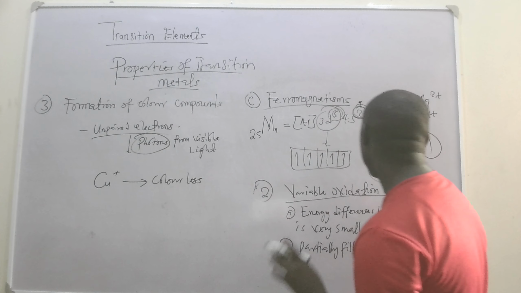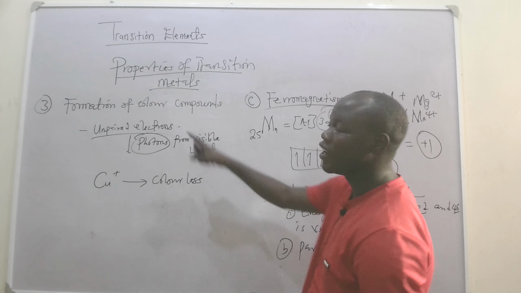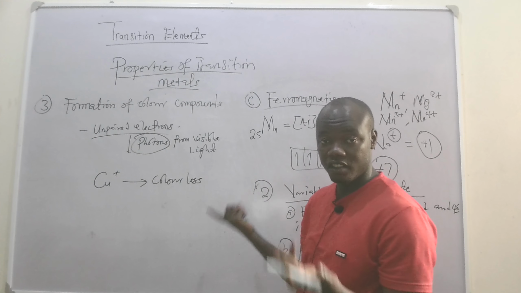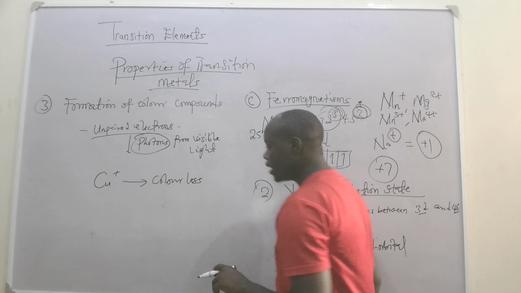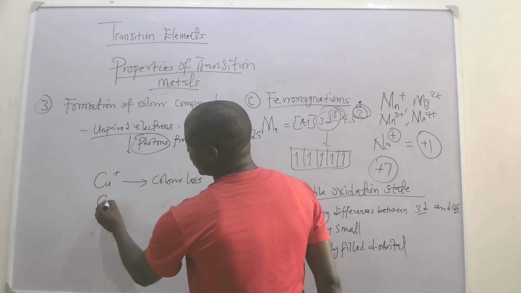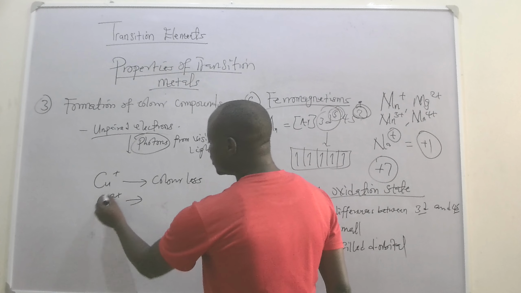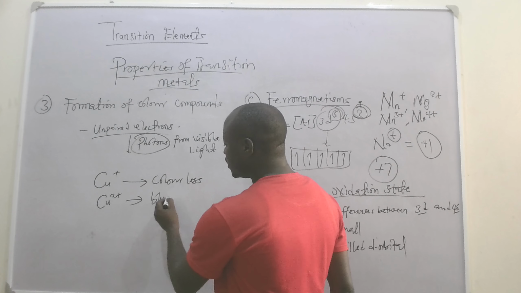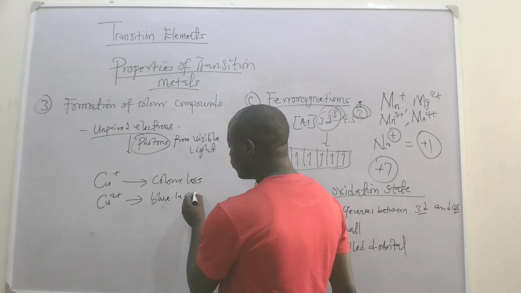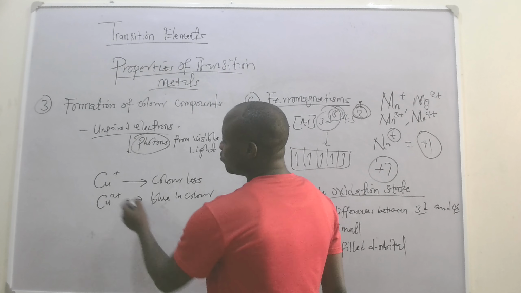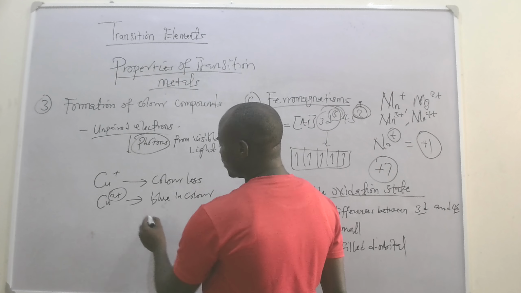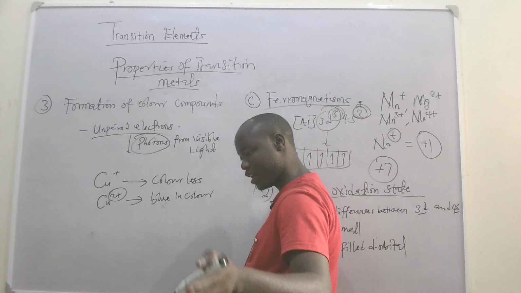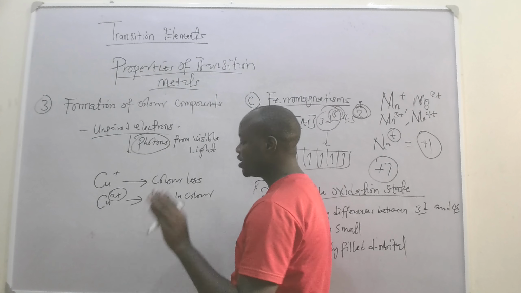If you check copper 1+, you can see that the 3d of copper is completely filled with electrons. In contrast, what if you take copper 2+? It is blue in color. Why is it blue? Because when you say copper 2+, it means that one electron is lost from 4s and 1 electron from 3d.